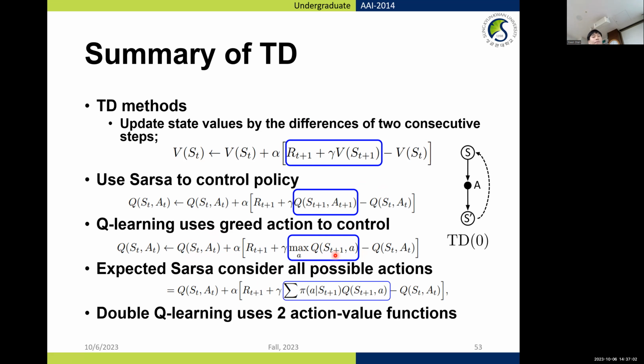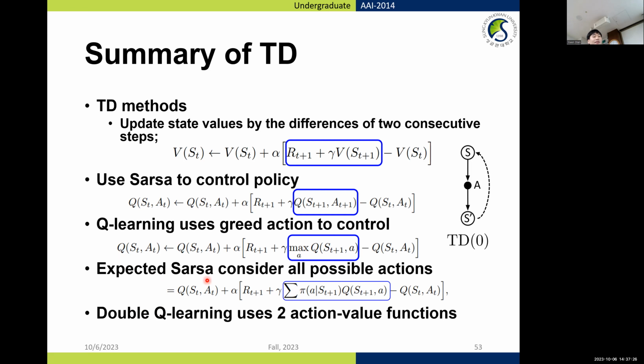Then we move to another step. If we consider all the possible actions in the next state, then we use the Bellman equation. We sum over all the possible actions from the policy pi, then update the previous action value.